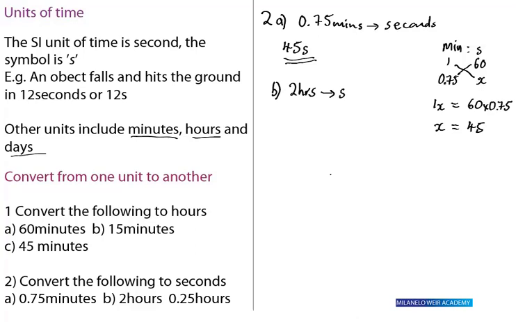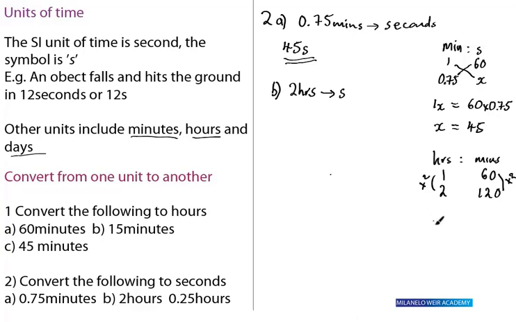So hours to minutes, right? 1 hour is 60. 2 hours is definitely 120, because if we multiply this by 2, we also multiply this by 2.